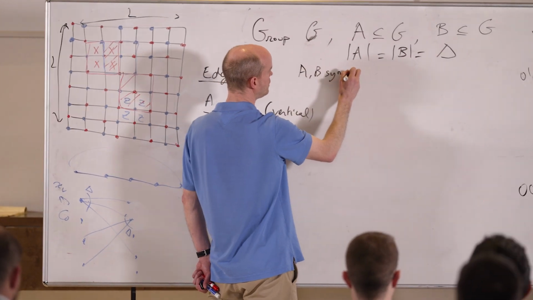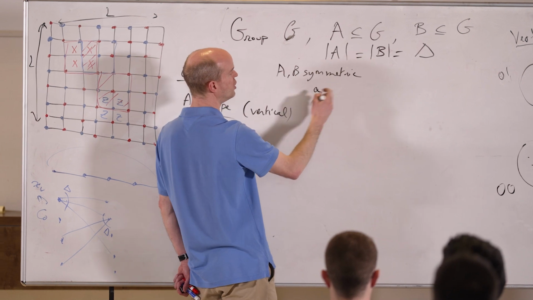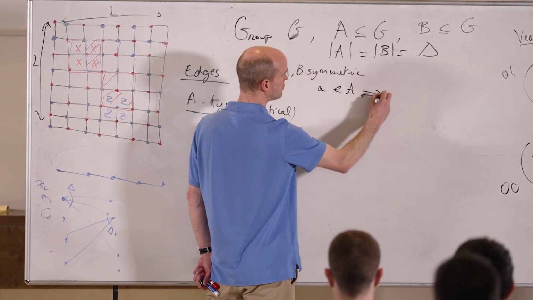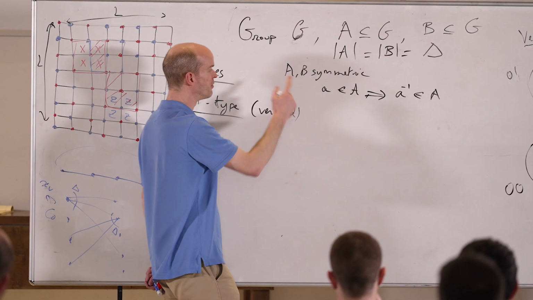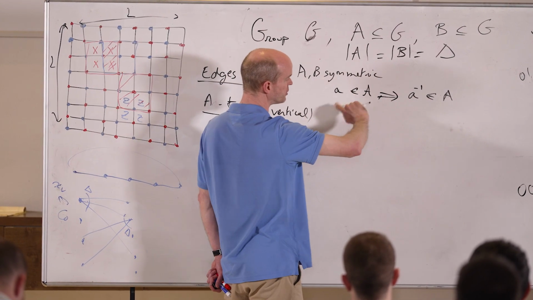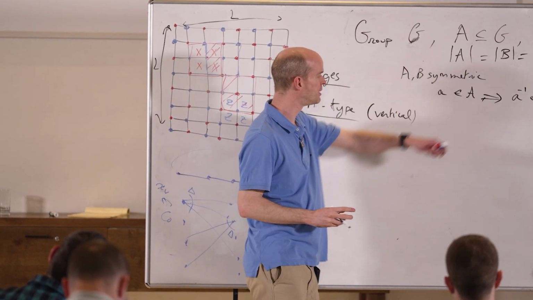What does that mean? It just means that if the element small a belongs to set A, then a inverse also belongs to set A. Okay, I have a group, so every element of the group has an inverse. I ask that the subset A is symmetric like this.